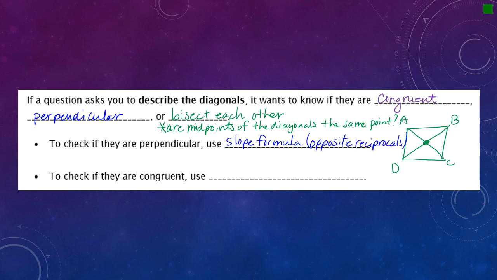If they're asking to check to see if they're congruent, what you're looking for are the distances. So you're going to use the distance formula. And specifically, you're looking to see if their distances are equal. If they're equal, that means that the 2 diagonals have the same length, and therefore they are congruent.